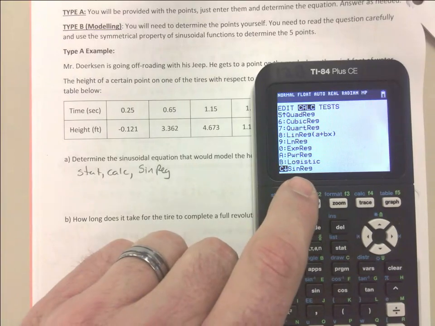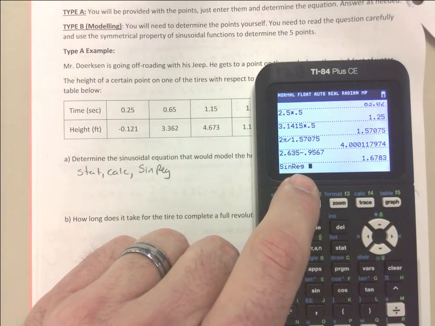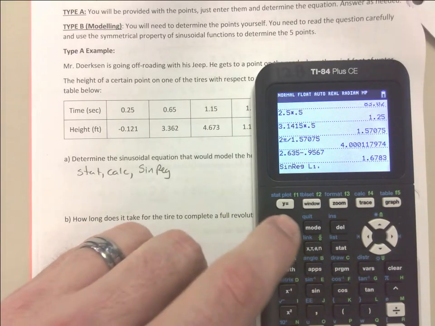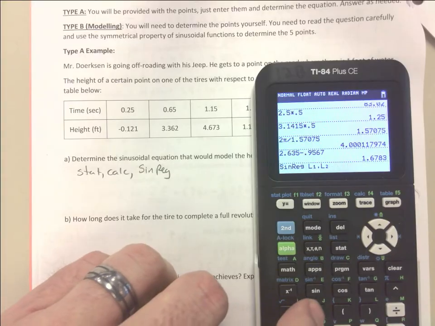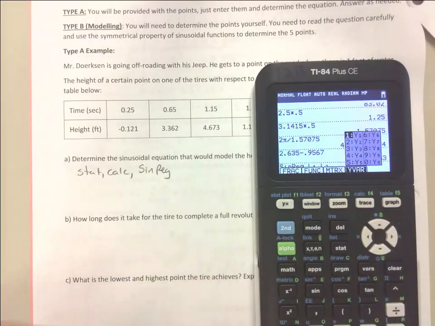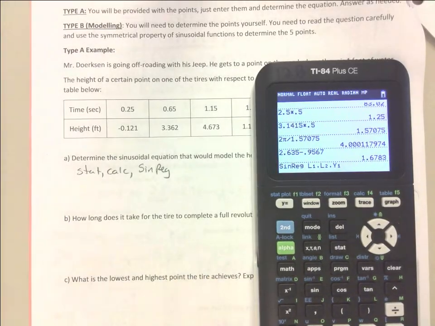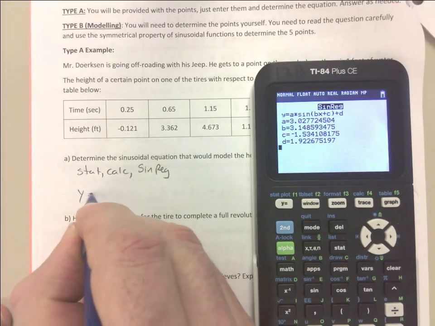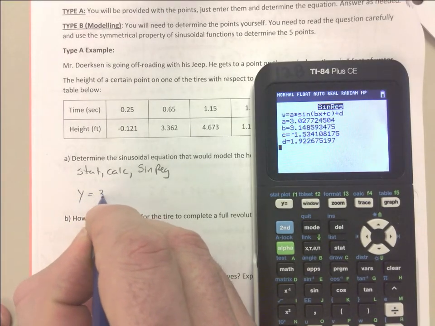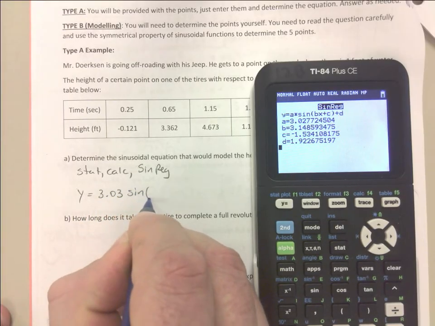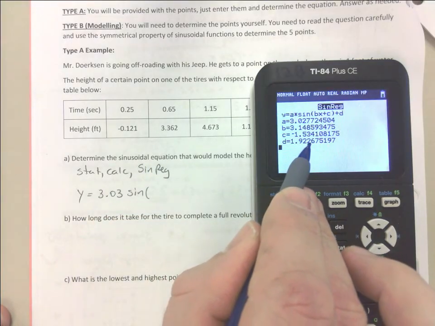Then you do the same as before: second 1, comma, second 2, comma, alpha, trace, put it into y1, hit enter, and there's your equation. Round to 2 decimals, but leave everything on the calculator, of course.